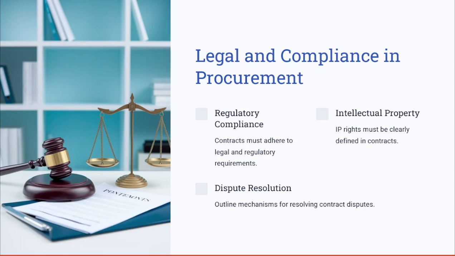Contracts should define IP rights to avoid future ownership disputes, and they must also outline the dispute resolution mechanism, such as arbitration or, let's say, mediation to prevent costly legal battles. Ensuring compliance with local and international procurement laws reduces the risks and fosters ethical business relationships.